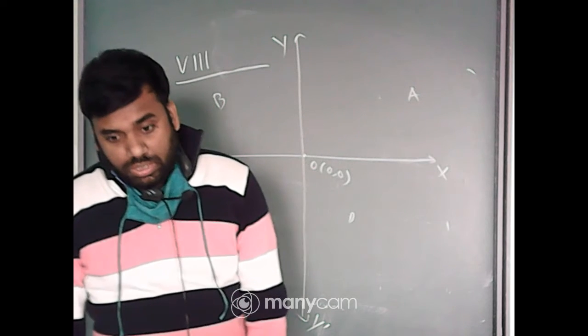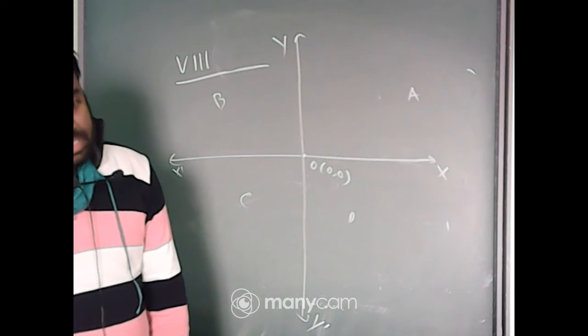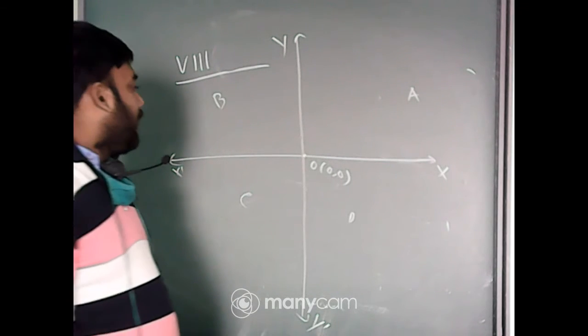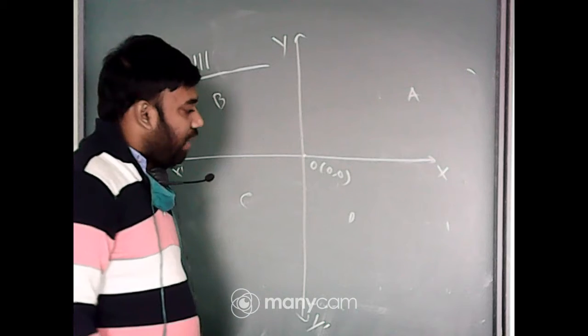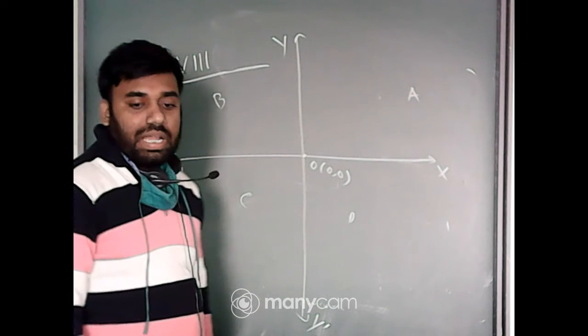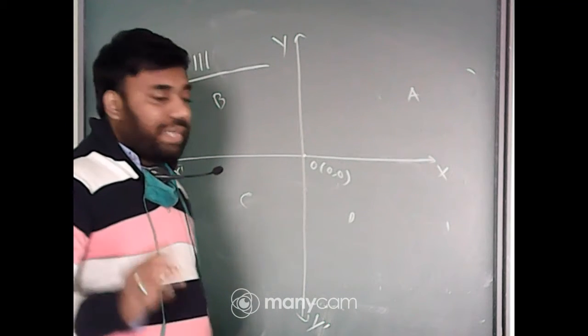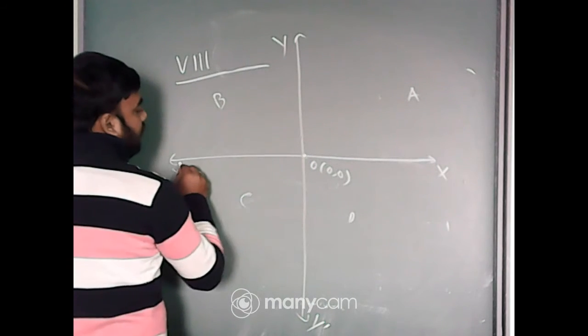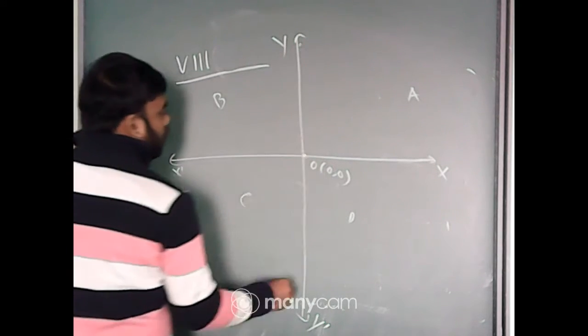Third, very good. First quadrant A, second quadrant B, third quadrant C, and fourth quadrant D. So that is also discussed. Next question, I have taken this axis positive, this axis negative, the positive y-axis and the negative y-axis.